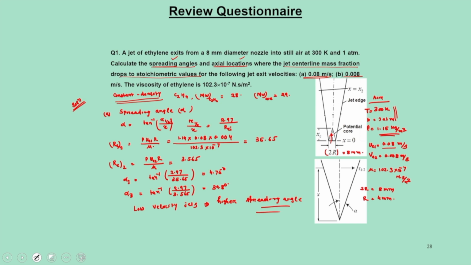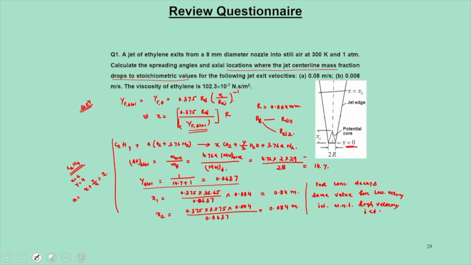Starting from the basic definitions of the expressions, one can find the Reynolds number at various locations and find the characteristics of the flame, and of course we can also find the jet spreading angle. These are some numbers which talk about how the fuel decays with respect to the expressions analyzed through the similarity solutions.